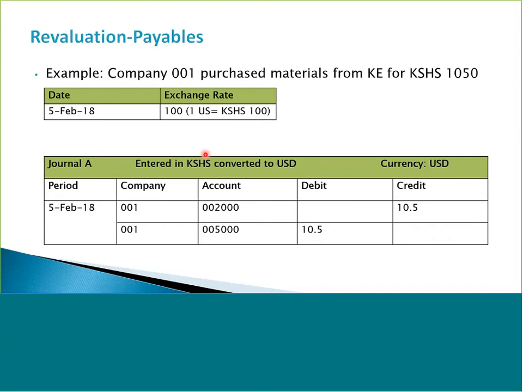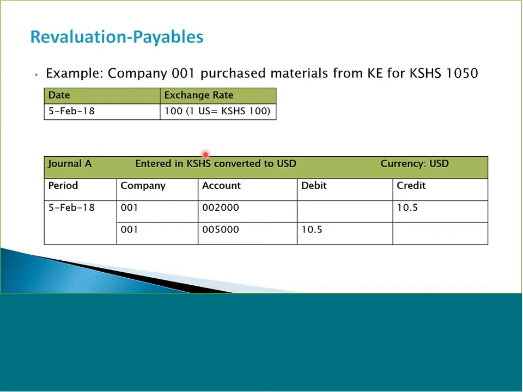And we said in order to do this, we enter the amounts in the foreign currency. Then we provide an exchange rate, and these amounts are converted into the functional currency, which in our case is the United States dollar, and the balances are updated.